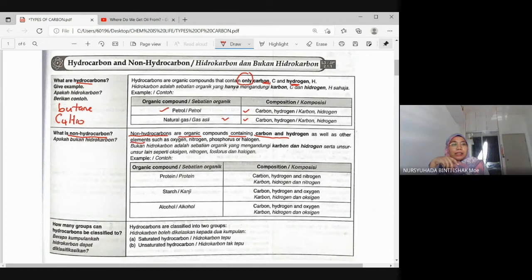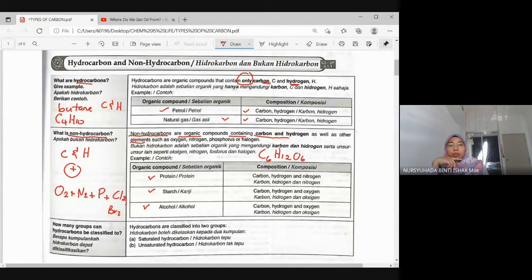Kalau tadi C and H sahaja for hydrocarbon, for non-hydrocarbon dia ada C and H wajib, plus mungkin ada oksigen, ada nitrogen, plus phosphorus, plus halogen tu Cl ke Br2. Ini contoh non-hydrocarbon. Okay, contohnya protein, starch dengan alkohol. Ataupun tadi contoh kita ambil glukos. Glukos tadi apa?